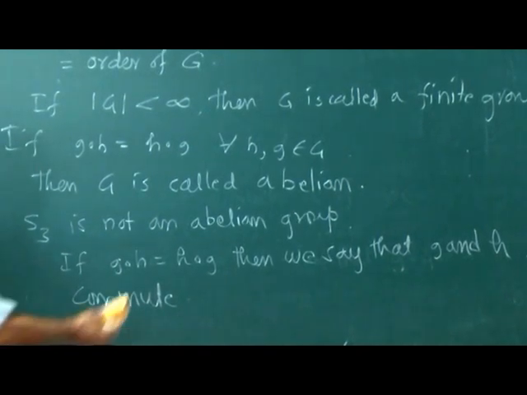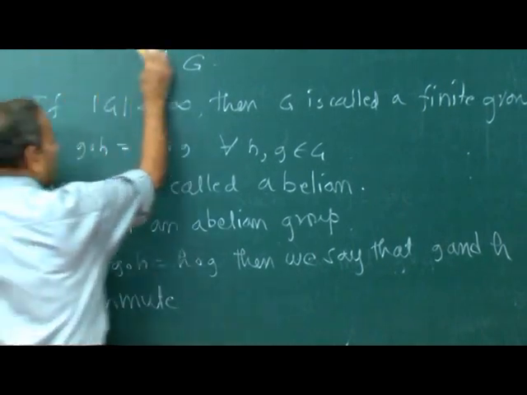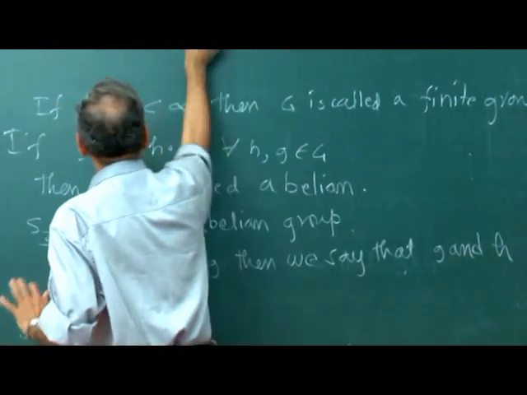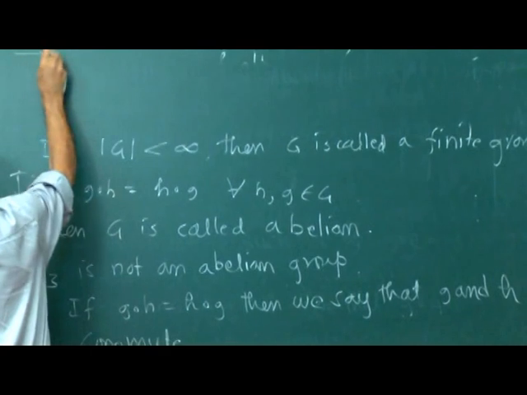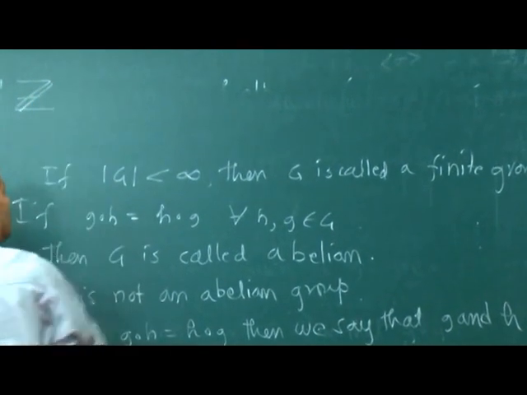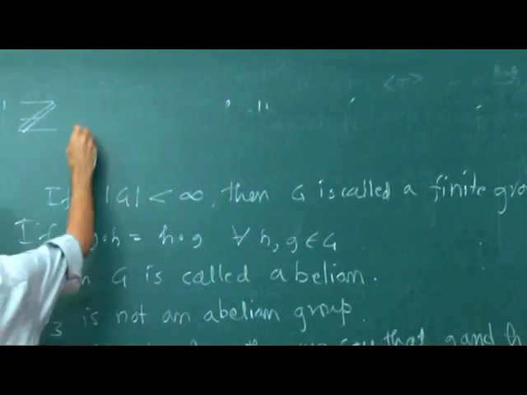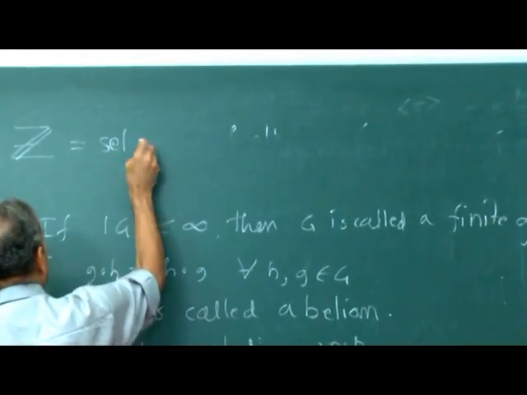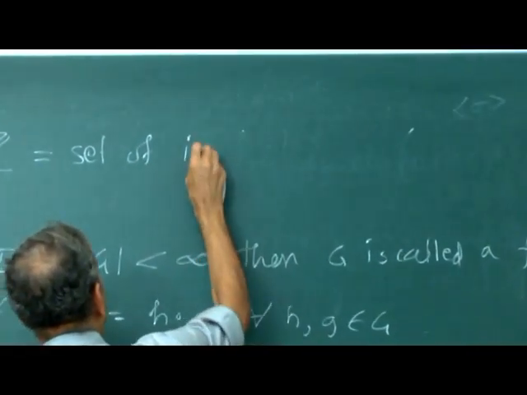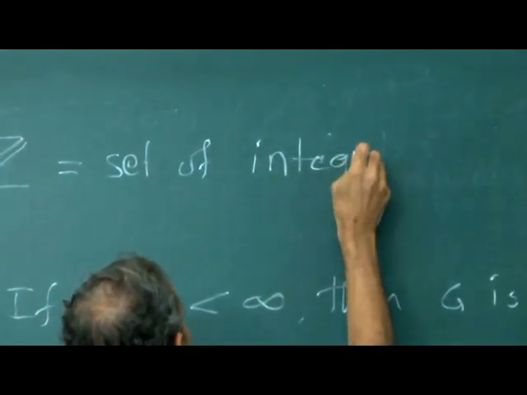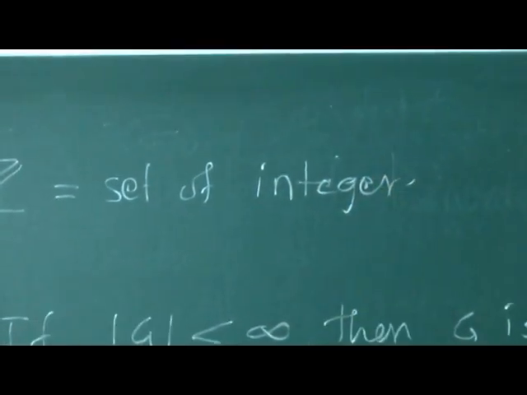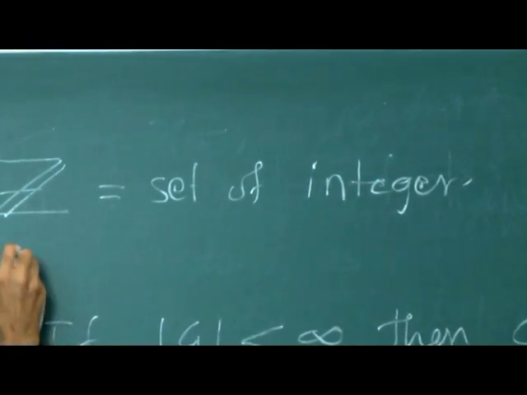So, let me start with examples. The first example is the simplest one. It is Z. What is Z? Z is the set of all integers. We have seen that. Only thing is we have to specify the operation.